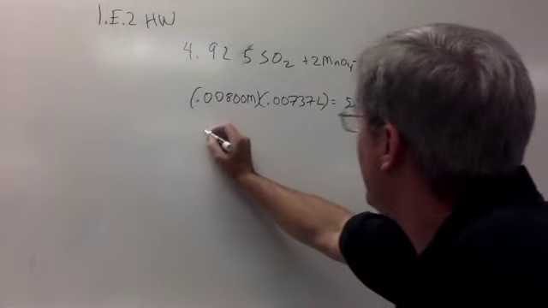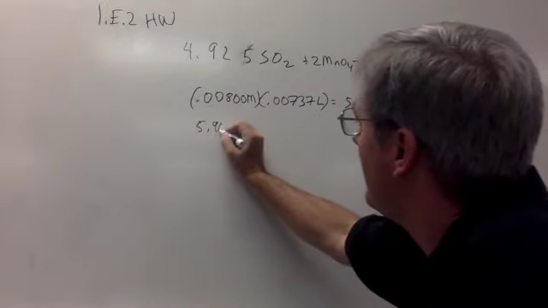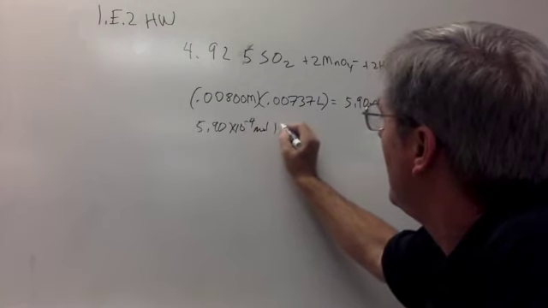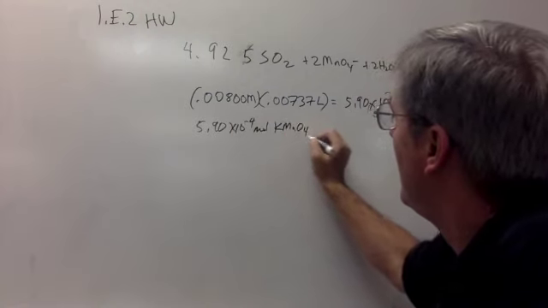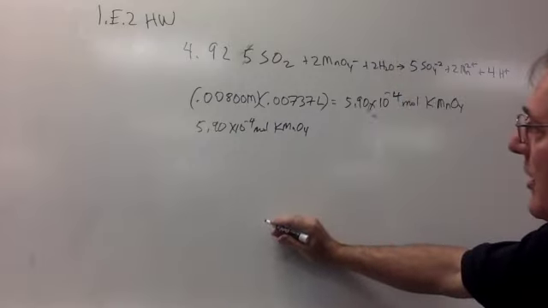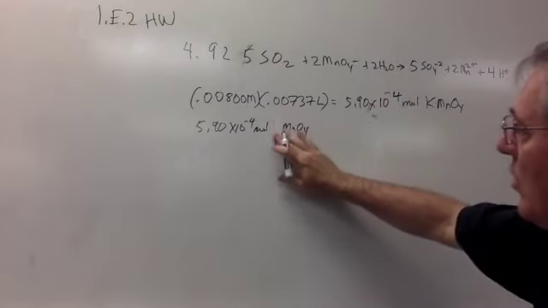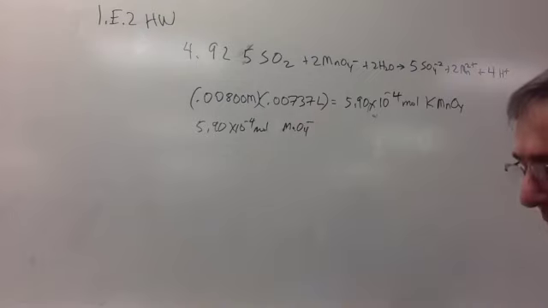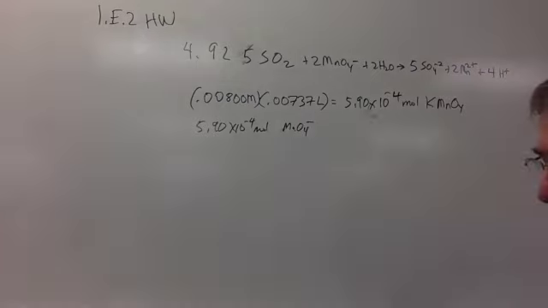Now realizing that a mole of potassium permanganate is going to also give you 1 mole of MnO4 minus when it dissolves. So that little trick was I just got rid of the K plus because it's a spectator ion and that doesn't participate in the reaction.